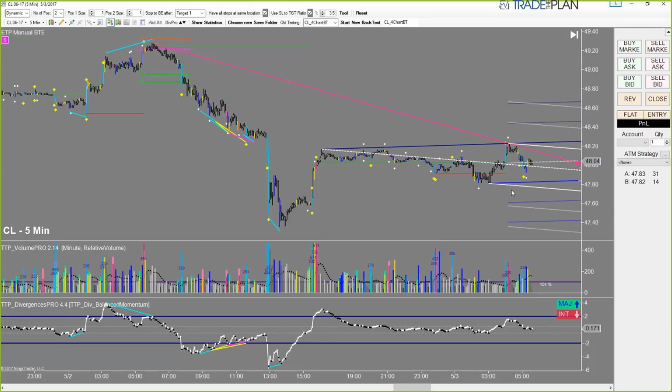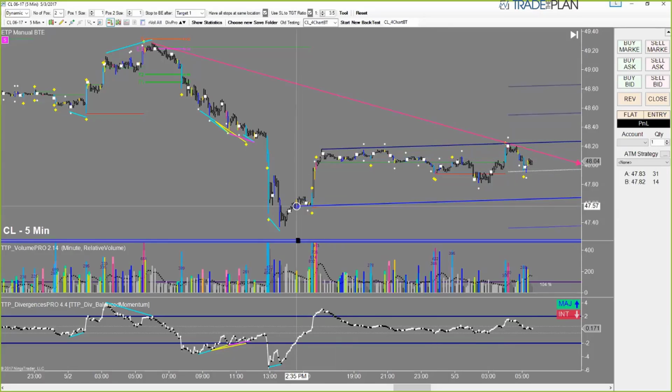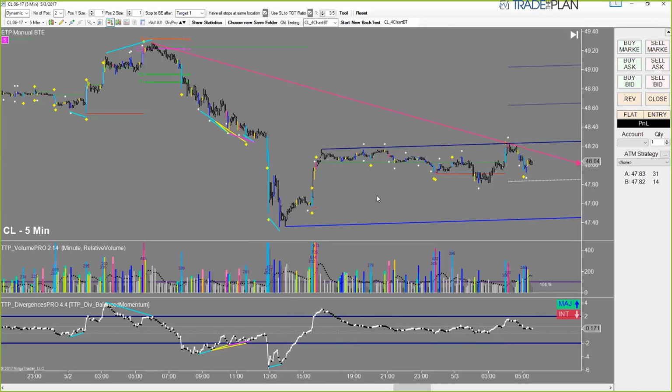This one's probably not going to do much good, but I will draw a parallel back to the low here. And we're obviously in a strong downtrend. I'll trade maybe not below the low, but to the bottom of that channel if we get a short.